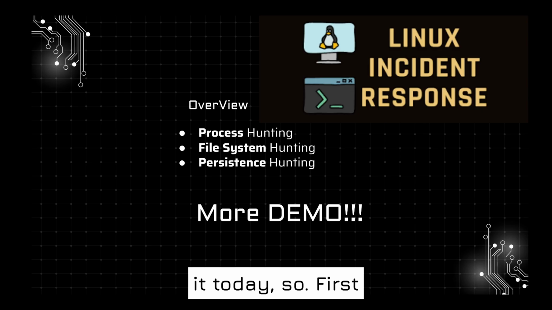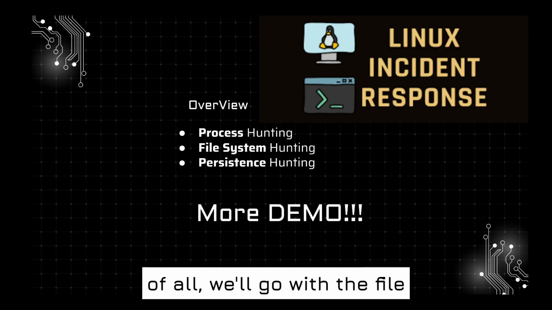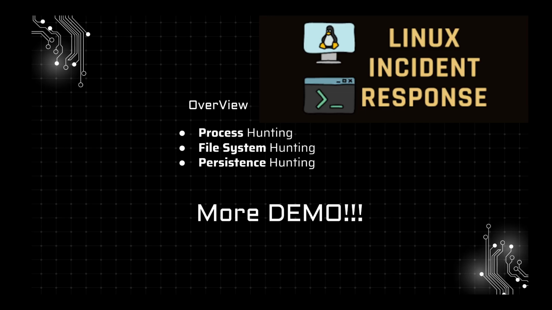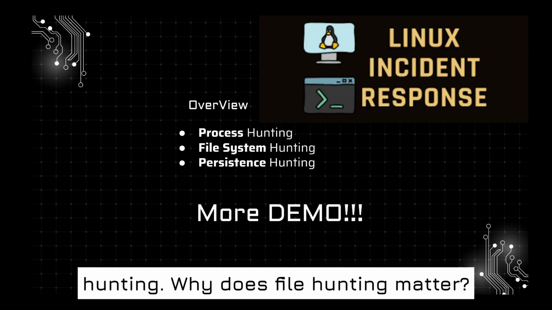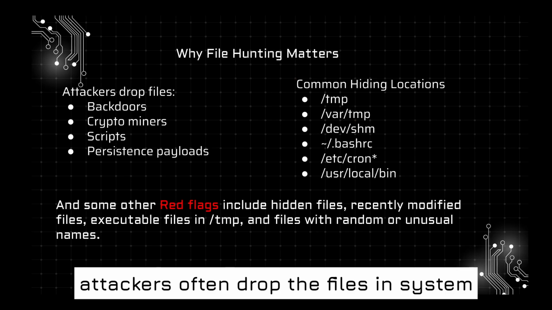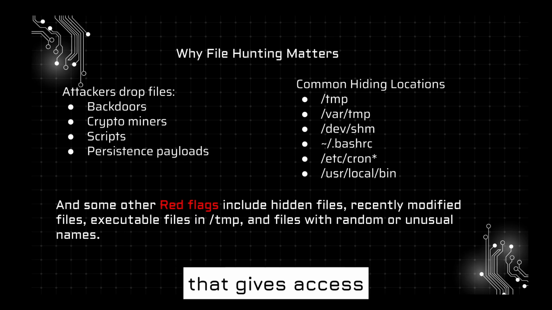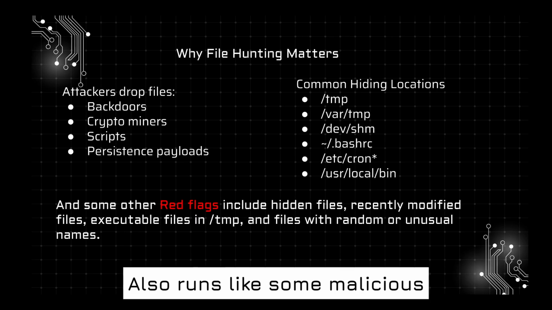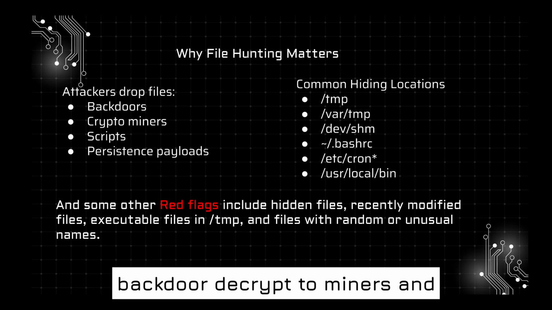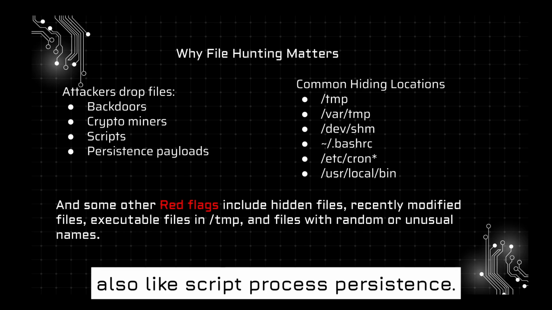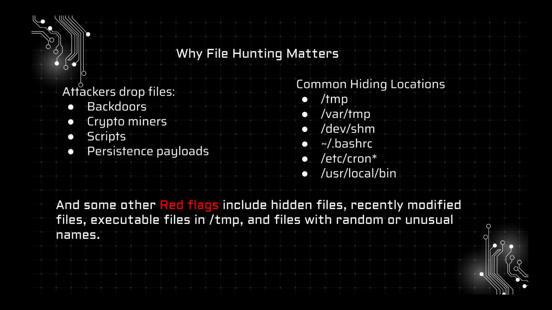First of all, we'll go with file hunting. Why does file hunting matter? Attackers often drop their files in a system to keep access or run malicious activities, usually using a backdoor, crypto miners, and scripts or persistence payloads.